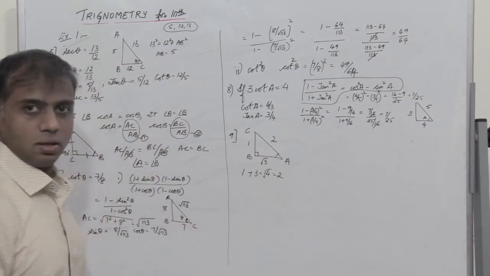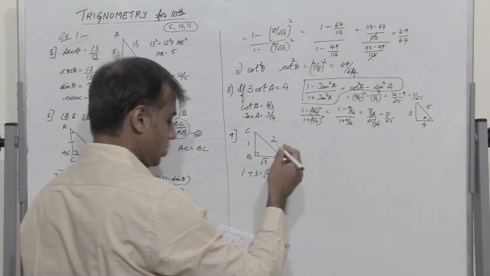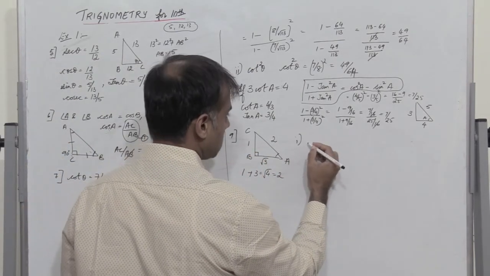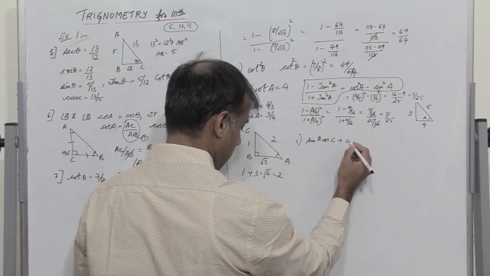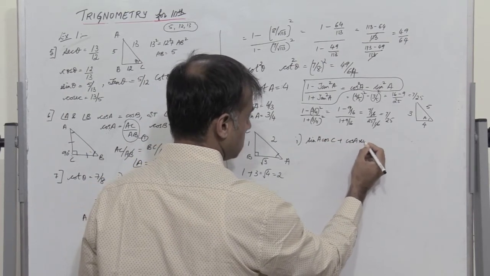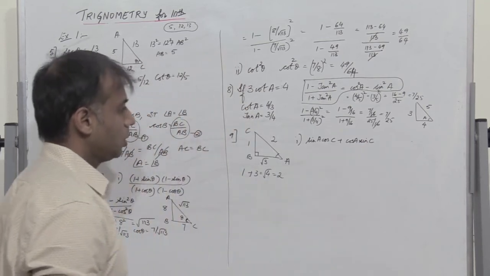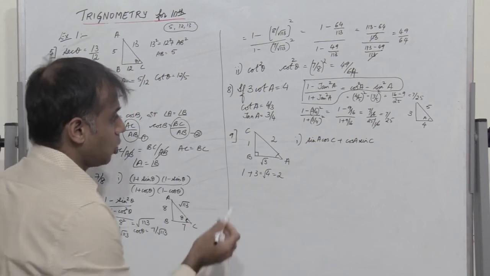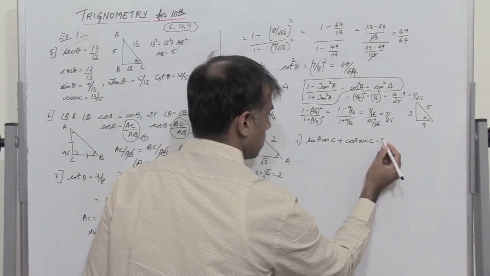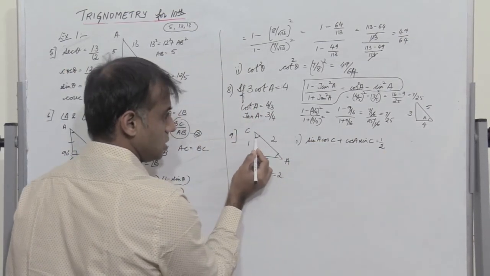With these relations, we need to find the first one, sine A cos C plus cos A sine C. Now what is sine A? We'll write the ratios directly. Sine A is opposite side by hypotenuse, which is 1 by 2. Cos C, so this is C here.